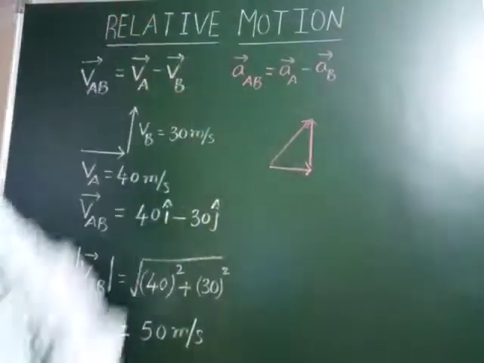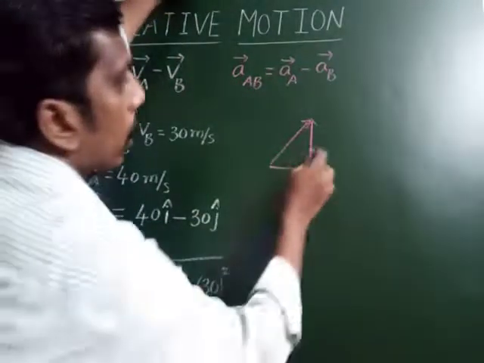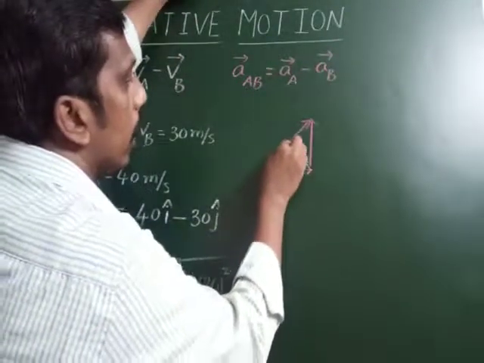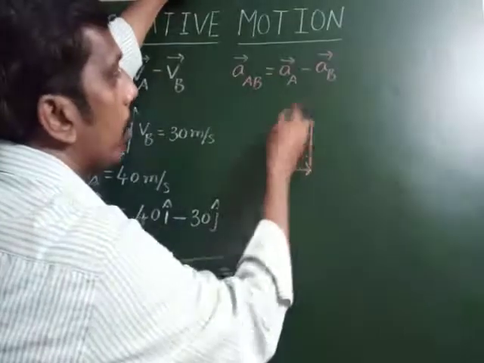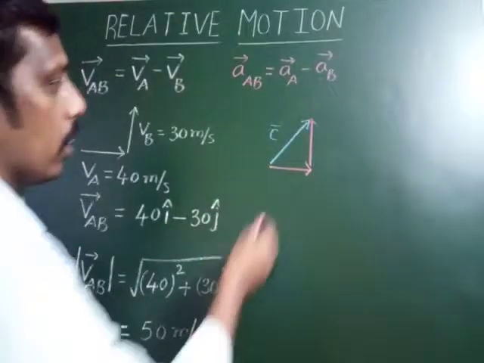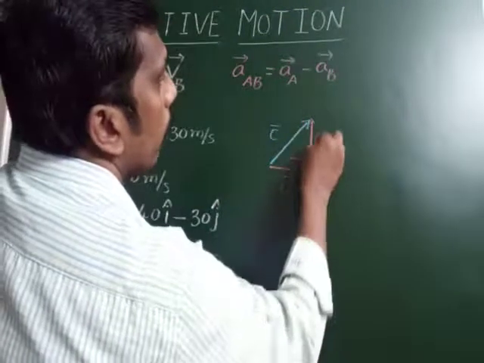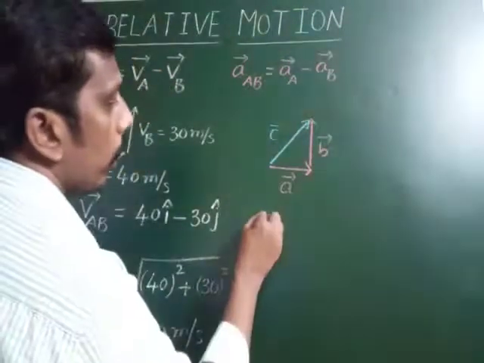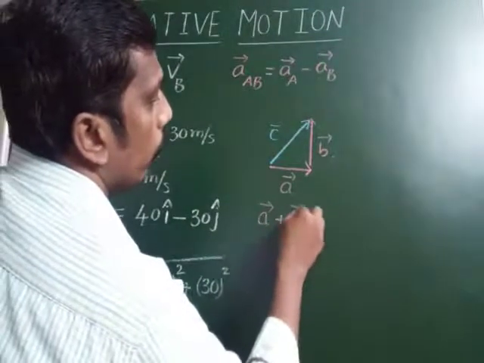Take one vector as A bar and another as B bar; the resultant, C bar, is given by the closing side. So A bar plus B bar is equal to C bar.